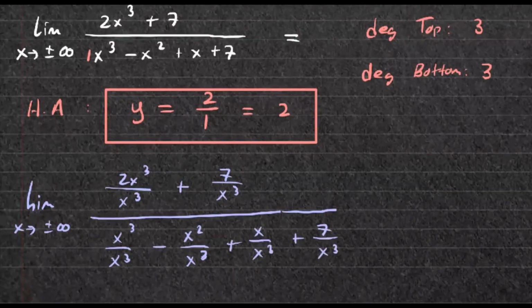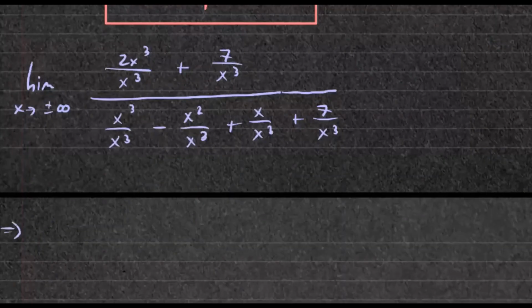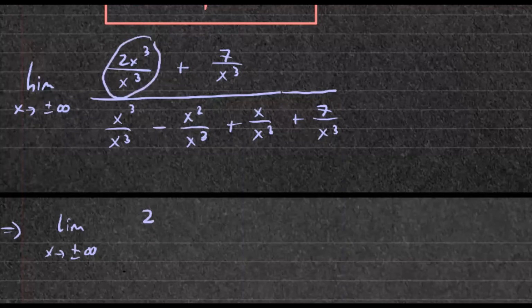And now if you simplify this, you will have the limit as x approaches plus and minus infinity of 2, because the x cubed cancels out. And the second one doesn't simplify, so just rewrite.